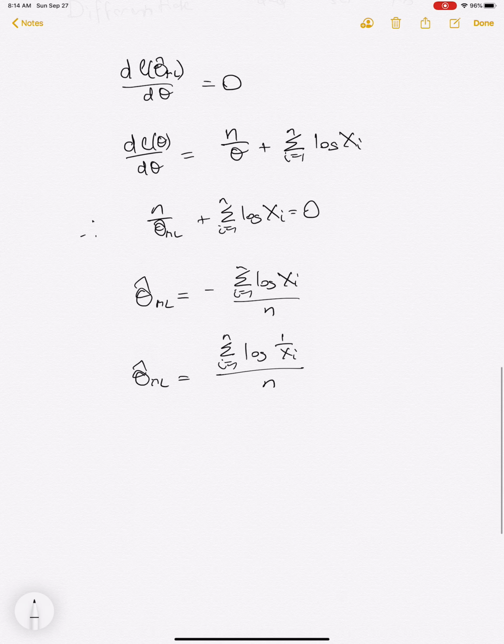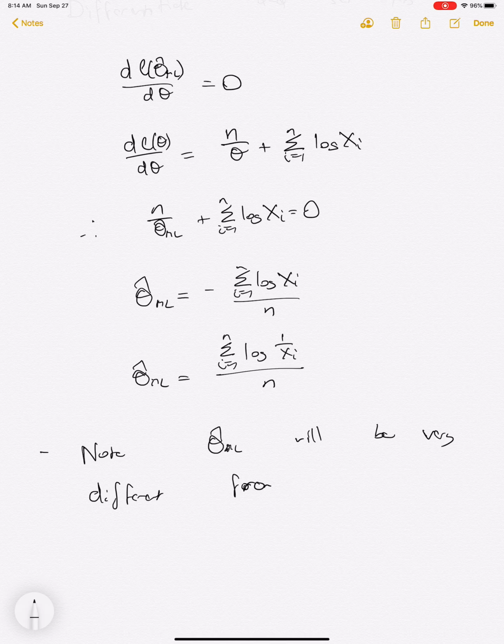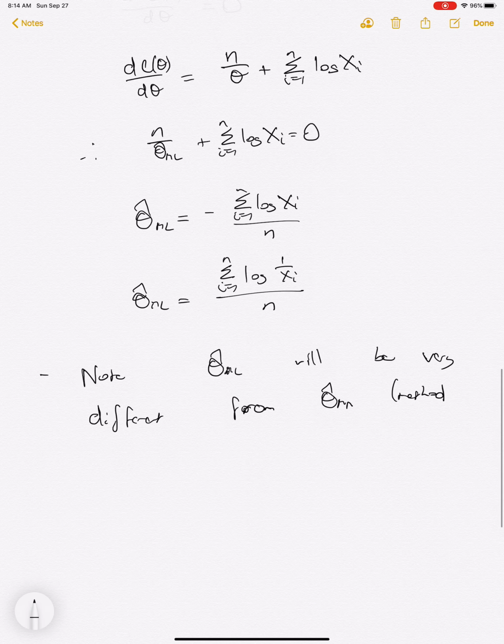One thing to note here is that theta hat ML will be very different from theta hat MM, the method of moments estimator that we covered in the last couple of lectures.